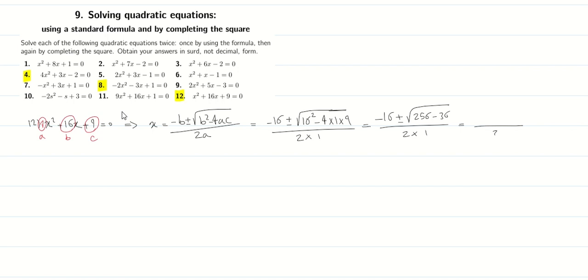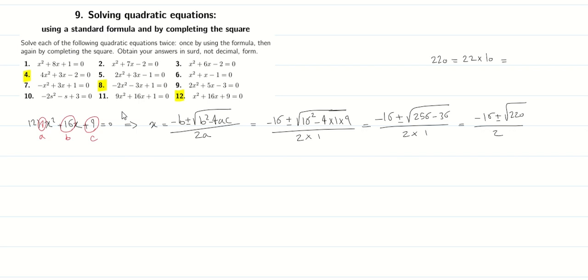Again, we have to simplify it more. Negative 16 plus minus a square root of, so 256 minus 36 would be equal to 220. Now 220, I'm going to write it at the top, is equal to 22 times 10, right?